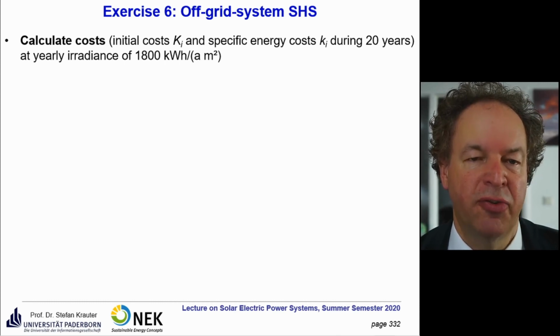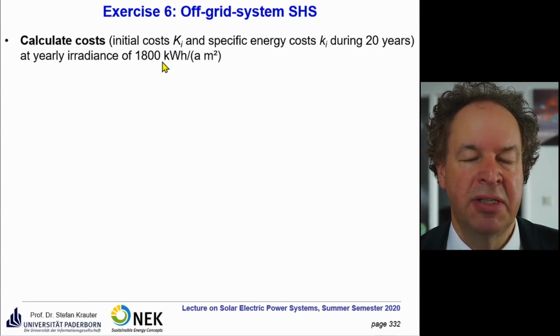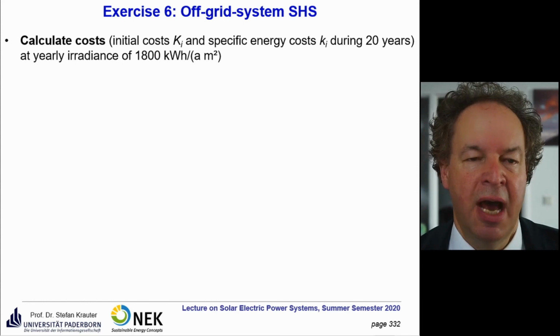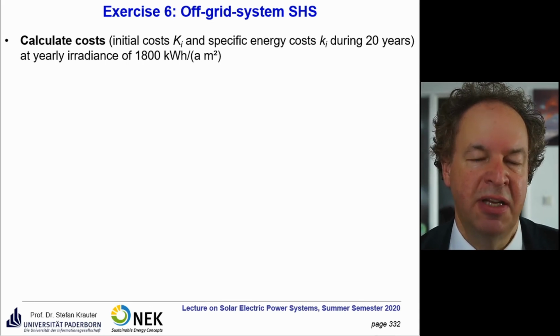But let's start first, as mentioned in the exercise. We calculate for a yearly irradiance of 1800 kilowatt hours per square meter, which is a bit more than the worst month equivalent. So we will have some surplus during the year, so we can attach additional loads. For example, in summer we can attach air conditioning or use the ventilator for a longer time period.